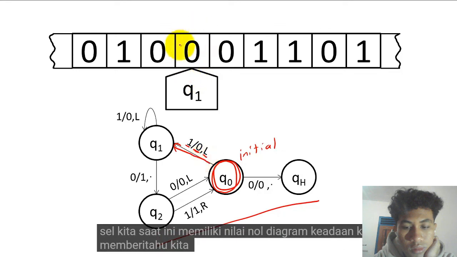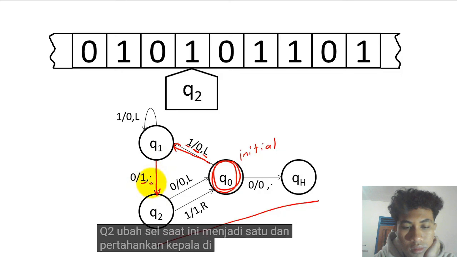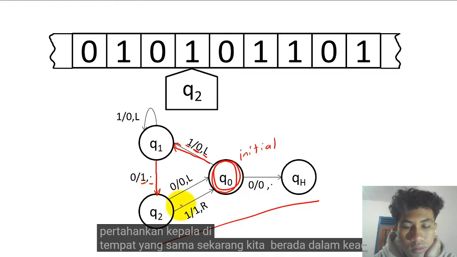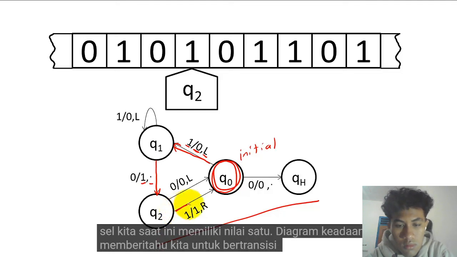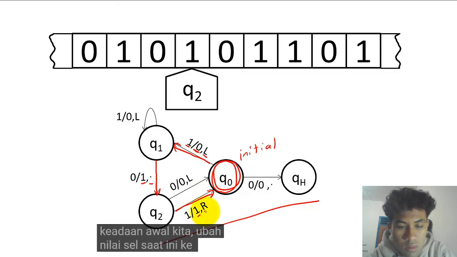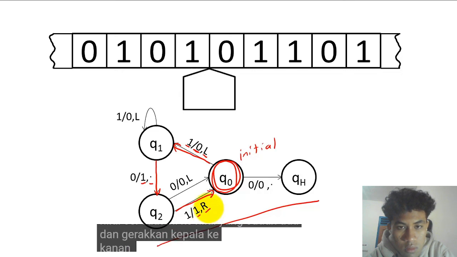Our state diagram tells us to transition to state Q2, change the current cell to 1, and keep the head in the same place. Now we're in state Q2, and our current cell has value 1. Our state diagram tells us to transition back to our initial state, change the current cell value to 1, which it already is, and move the head to the right.